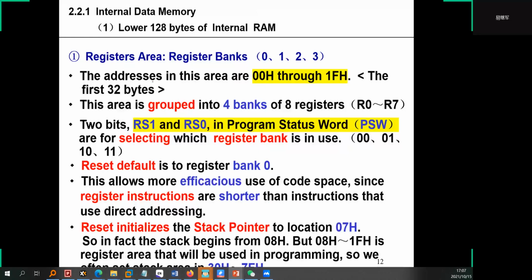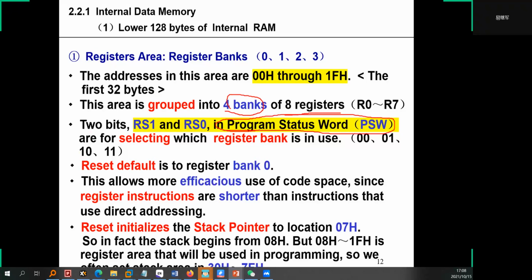The register banks 0, 1, 2, 3 occupy addresses 00H through 1FH. This area is grouped into 4 banks of 8 registers.